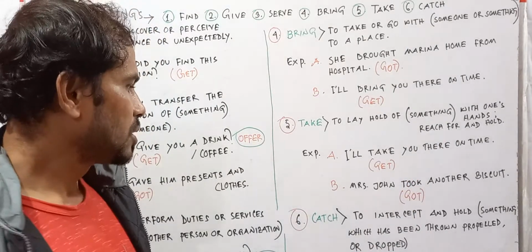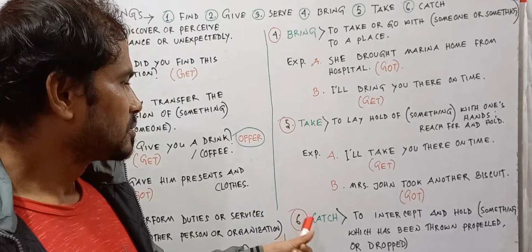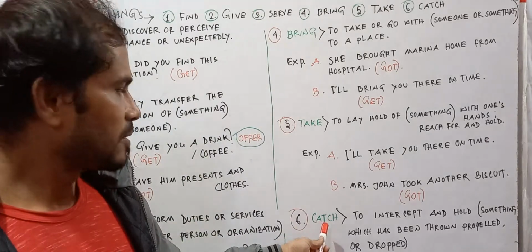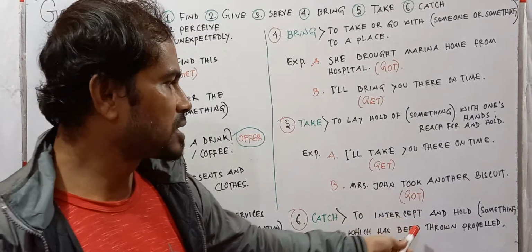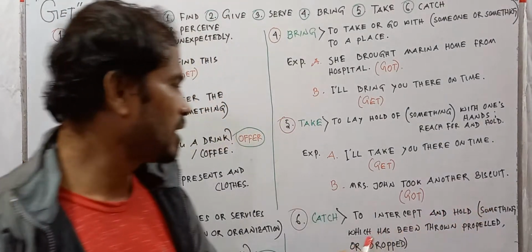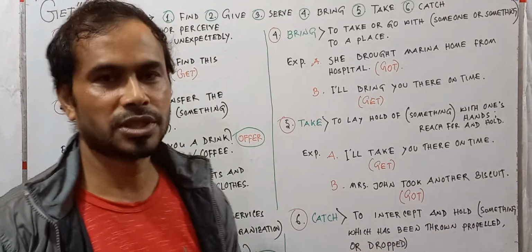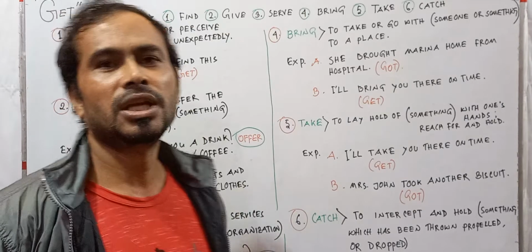Okay, so friends, my last verb in this lesson is catch. It means to intercept or hold something which has been thrown, propelled, or dropped. Okay, so the example is catch him.